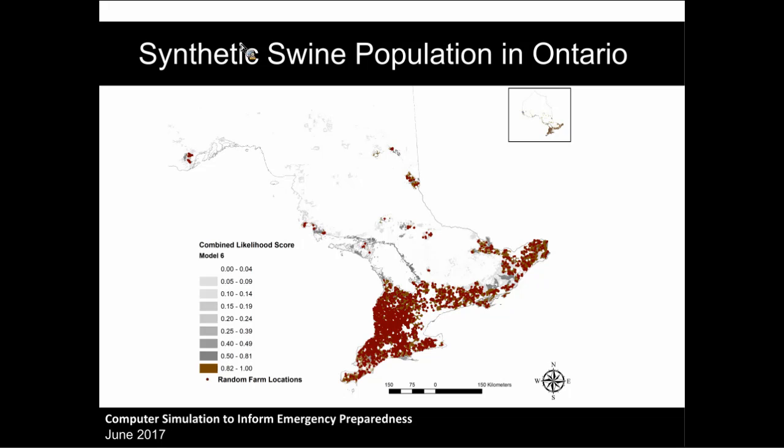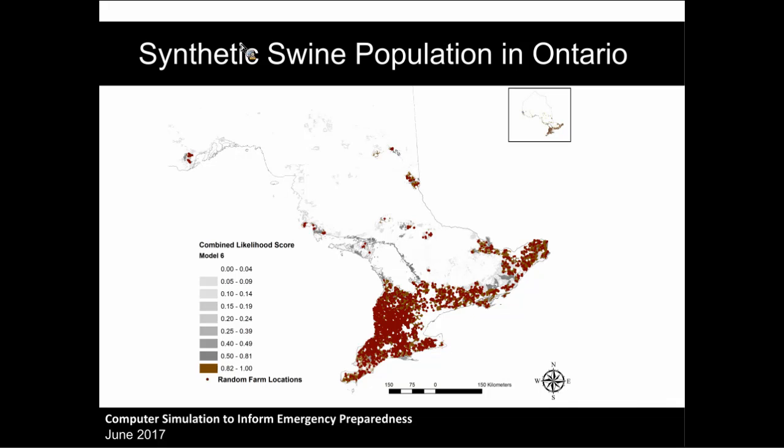Within CCS A, we have these surfaces that score 0.82 and above, and within these surfaces, we randomly generated 100 farms. That was proportionate to the number given in the 2011 census. Once we have those random points generated for the farms, here you can see the red dots. These are random points based on the likelihood score and proportionate to the 2011 census.